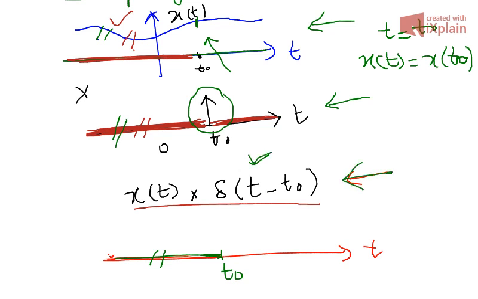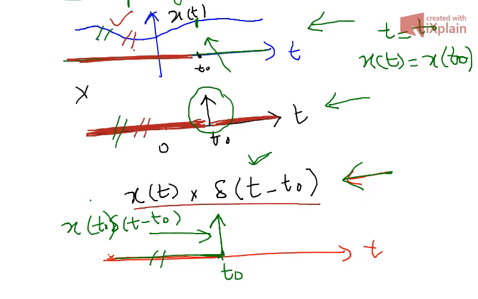So this product has some value. You can represent it as an impulse multiplied by x of t naught. So this is basically delta of t minus t naught multiplied by x of t naught, a single value, x of t naught, right?